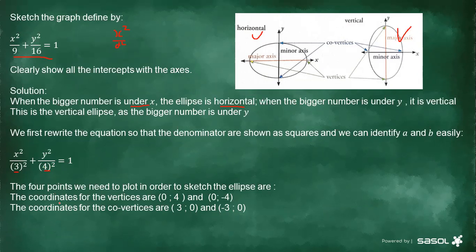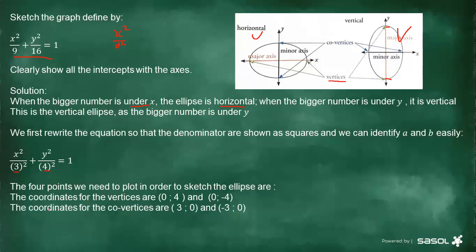Then after having a and b as values, the 4 points we need to plot in order to sketch the ellipse are the coordinates of the vertices. Now let's come here and check what the vertices are. We agreed that this ellipse is going to be vertical, right? Then the vertices are here, which are positive 4 and negative 4.